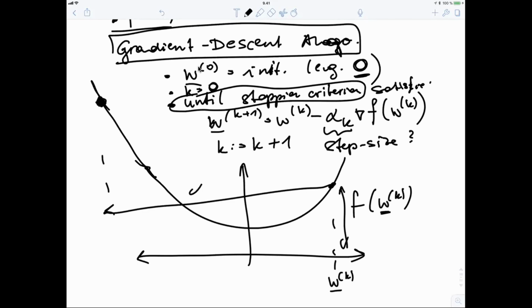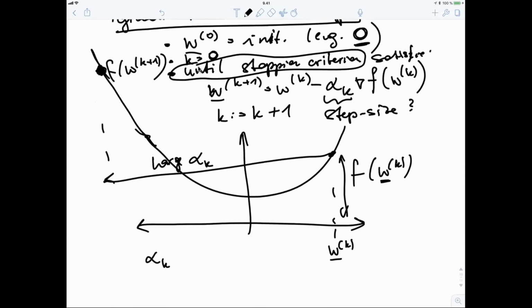And if we use a large step size, then we would end up with a new objective value which is larger than the previous one. And this is not what we want. We want to find the minimum. So alpha K, the step size, should not be too large.